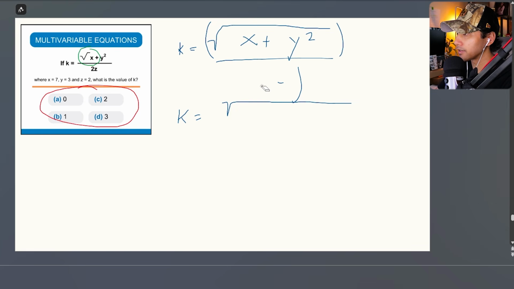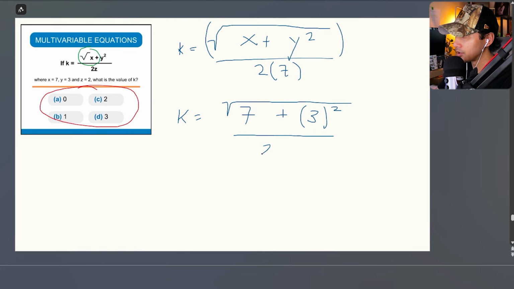And if we work the problem out, I want to have a clear indicator, or just enough space for you guys to know that I'm rewriting the problem down below. Okay, x is 7 plus y squared. Y squared is 3 squared, over 2, okay?